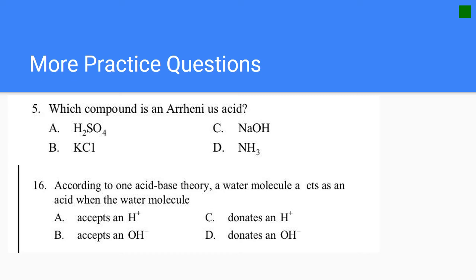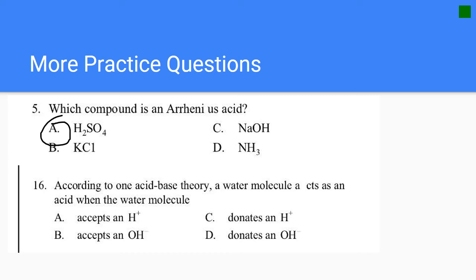So we're down to A, C, or D. D, as we know, ammonia is a weak base, so that cannot be the answer either. And if we go back to the original definition of an Arrhenius acid, it is when there is a hydrogen ion present. So therefore, your answer has to be A.